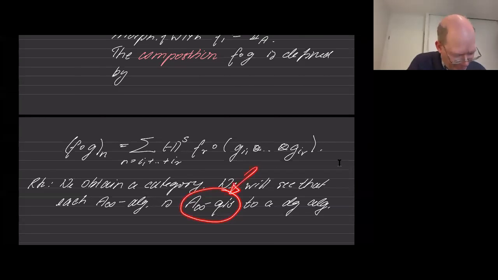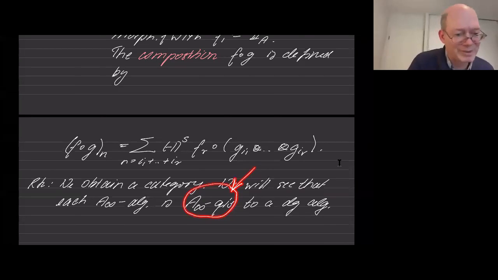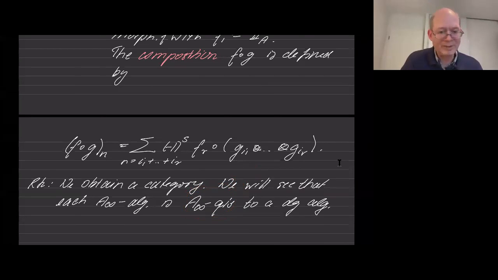Of course, the multiplications are more complicated than for a DG algebra, but the spaces are very small. So they are actually useful for computations, and they arise in nature, and that's why we consider them.